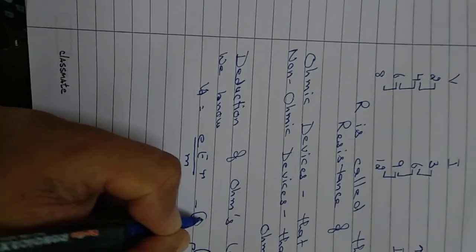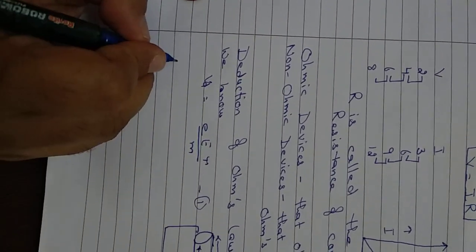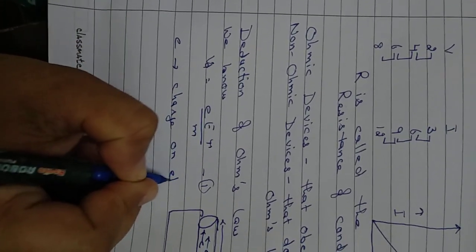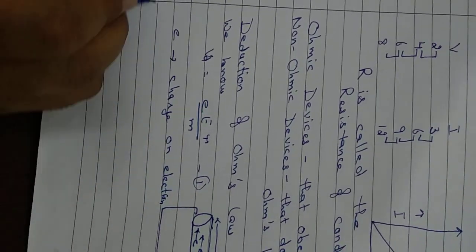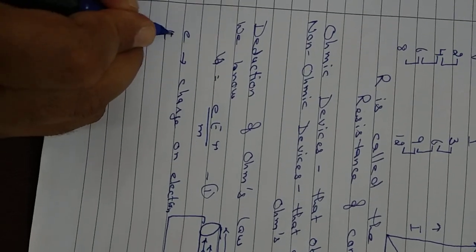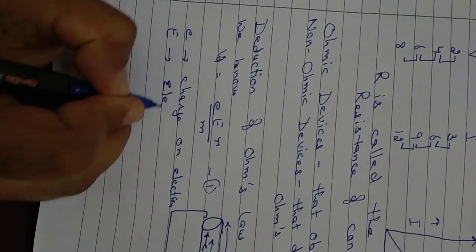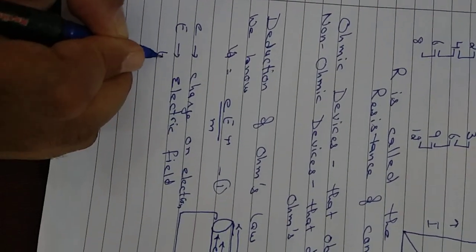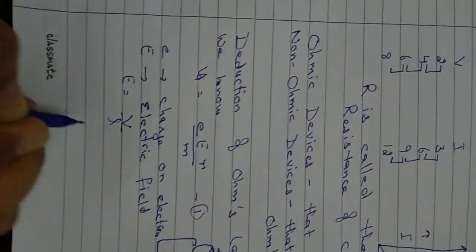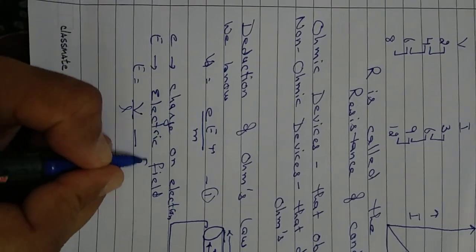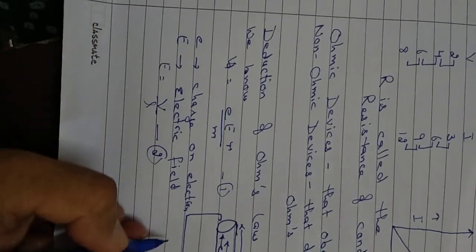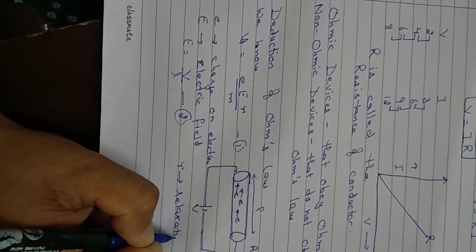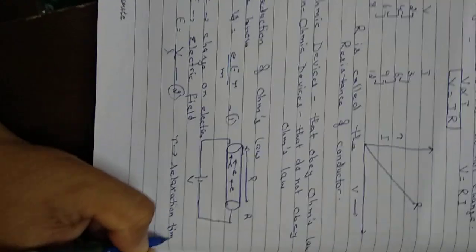Here e is the charge on the electron, capital E is the electric field that has been applied, and that is equal to the gradient of potential, so it is V upon L. Tau is the relaxation time for the conductor, and m is the mass of the electron.